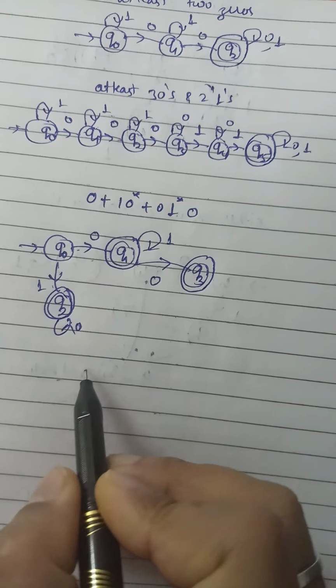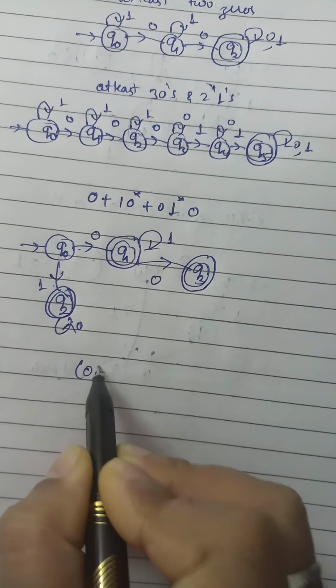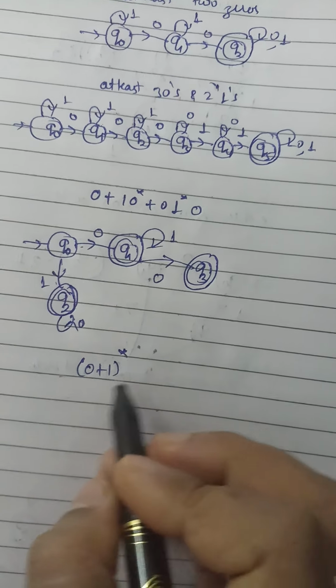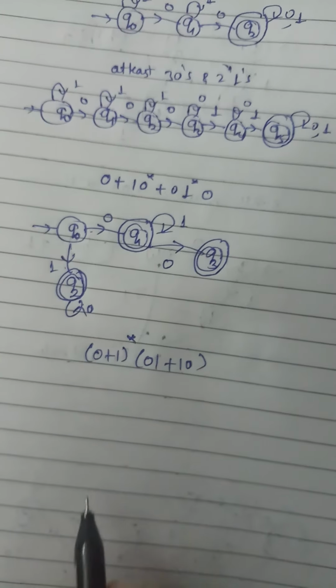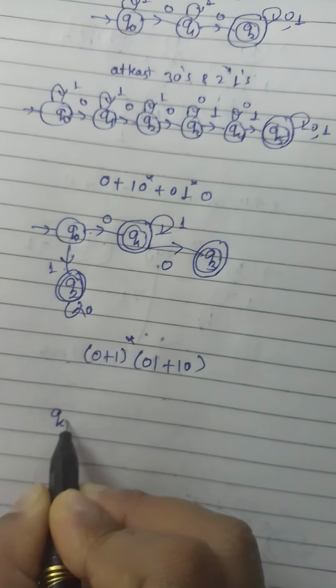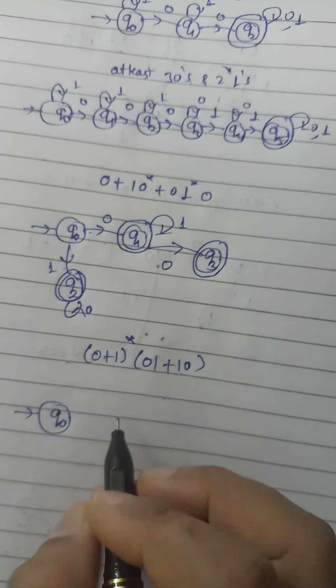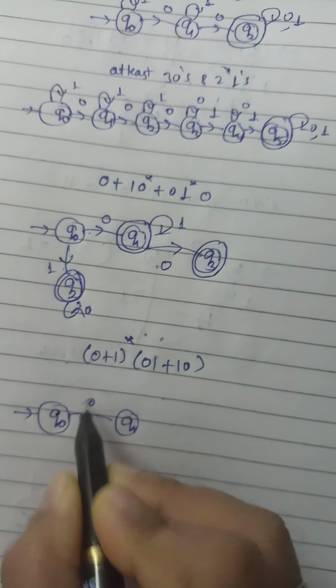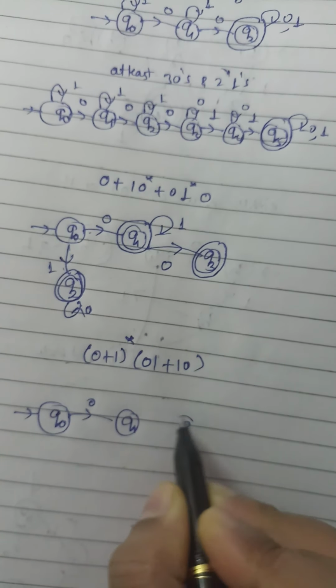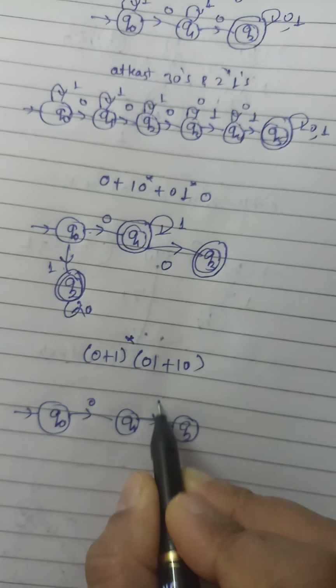Next we will make a DFA for 0 plus 1 whole star 0 1 plus 1 0. How will we make it? Start with initial state Q naught to Q1 on 0, Q1 to Q2 on 1.